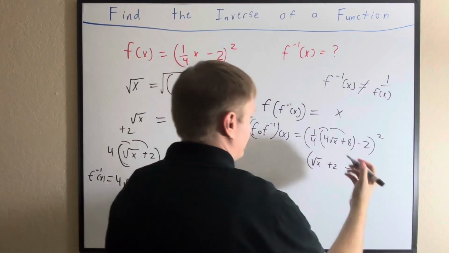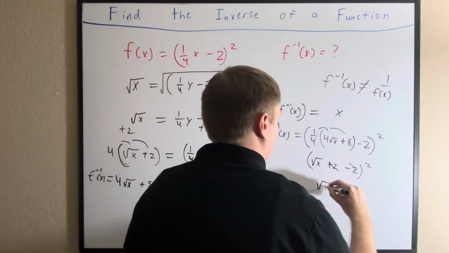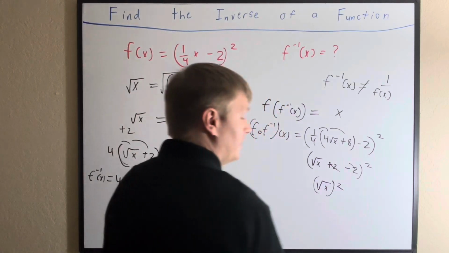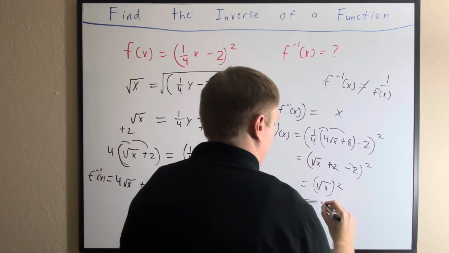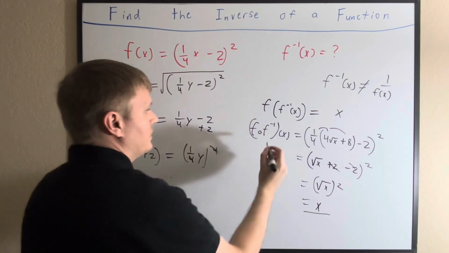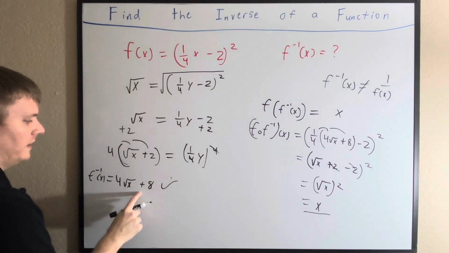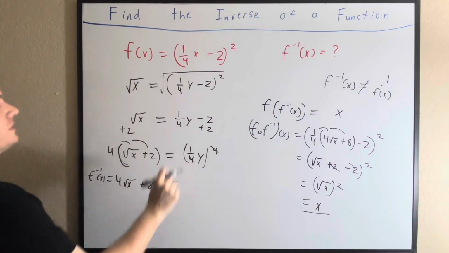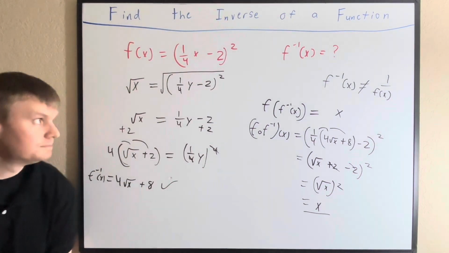Plus 2 minus 2 is 0, so those cancel out. So we're left with square root of x squared, which is, I'll put equal signs in, x. So we just confirmed that 4 square root of x plus 8 is the inverse of 1/4 x minus 2 quantity squared.